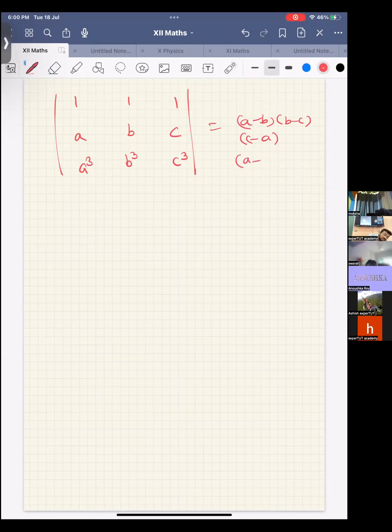So there are four brackets multiplied. The first bracket is a minus b, the second is b minus c, the third is c minus a, the fourth bracket is a plus b plus c.